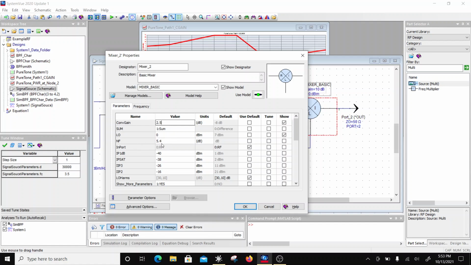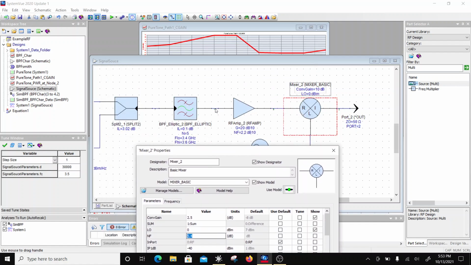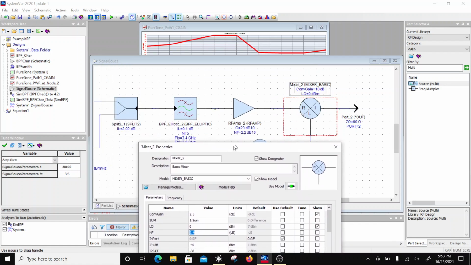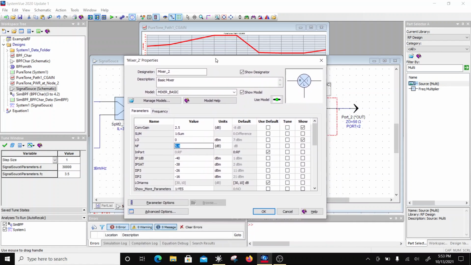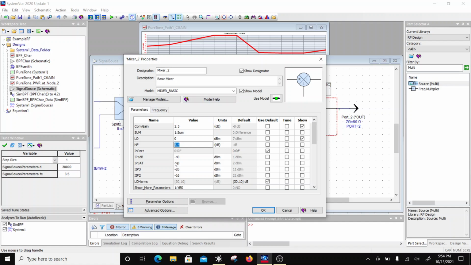And noise figure is as bad, but then the compression, you can see if I put out 10, so 10 is the output from the LNA, worst case, on the higher side. So the mixer, all this is referred to the input, right?